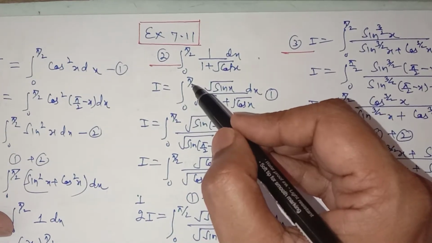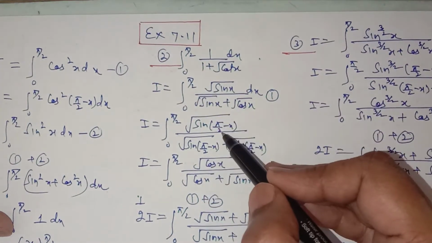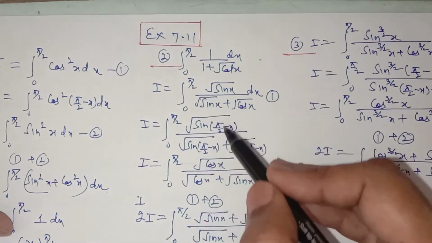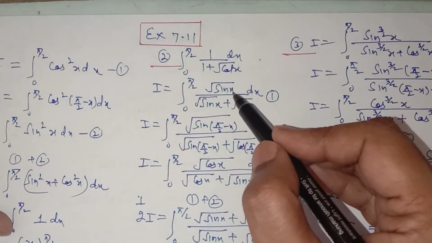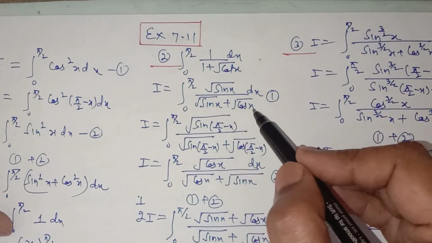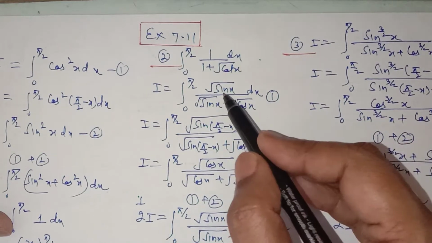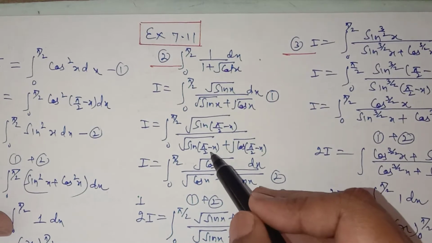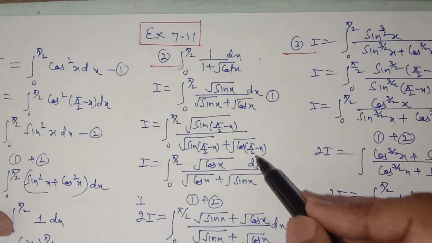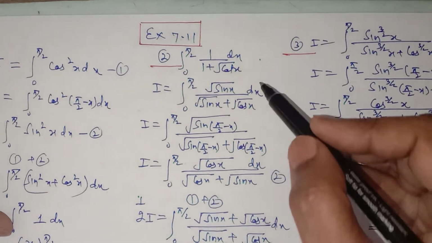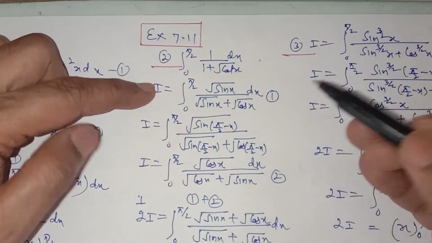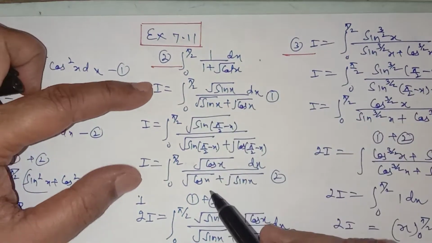So sin of 90 minus x is cos x, and cos of 90 minus x is sin x.